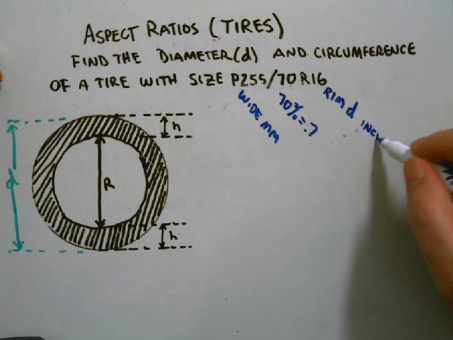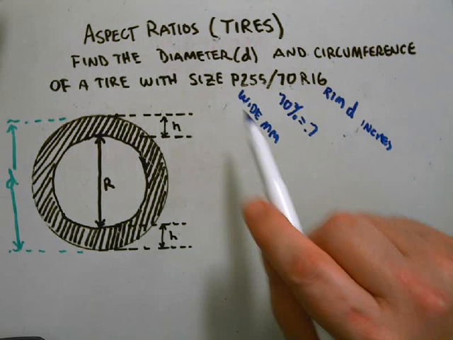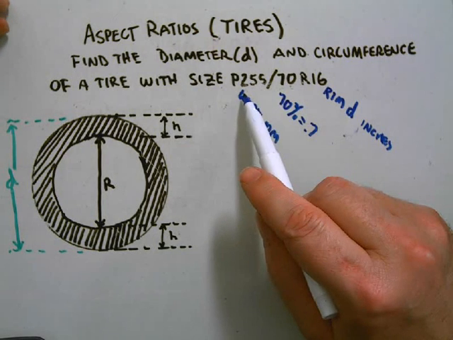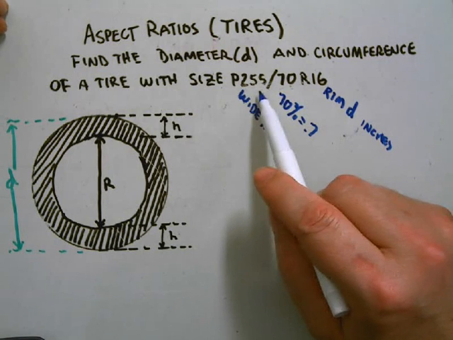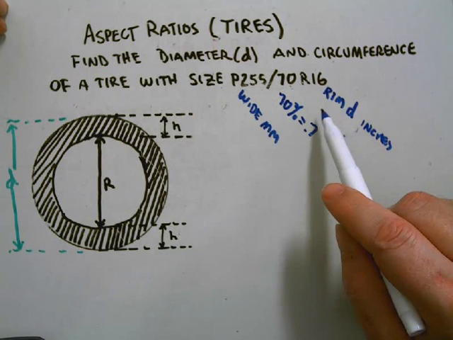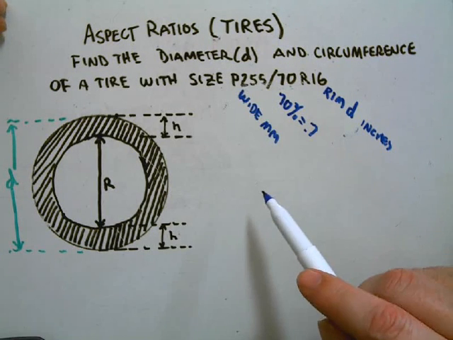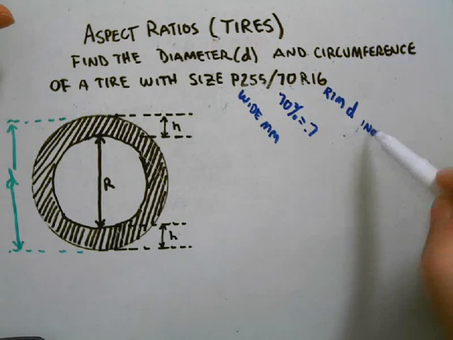Okay, so one of the biggest problems with the sizing is that it actually gives millimeters in part of the size and inches in the other. And if we need something like a total length of a diameter, you can't mix millimeters and inches together. We have to get it all in one unit. So we are going to go with inches.